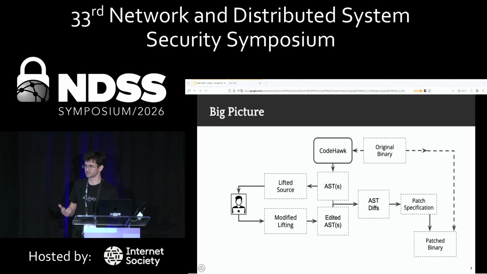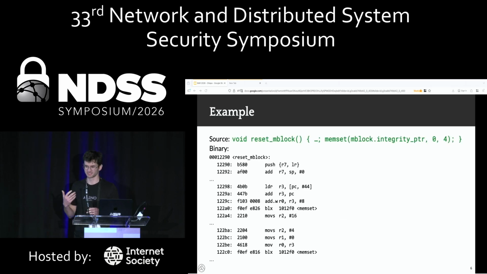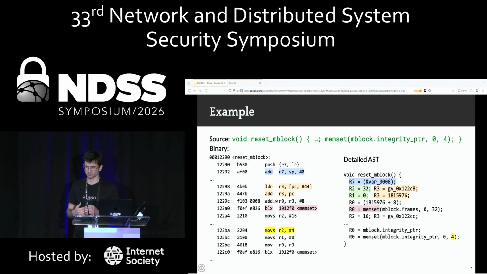So let's look at an example of this in action. Here's a little bit of C source code. It's a very small, simple function. And this is what it looks like in Thumb-2 assembly. We produce multiple levels of AST.